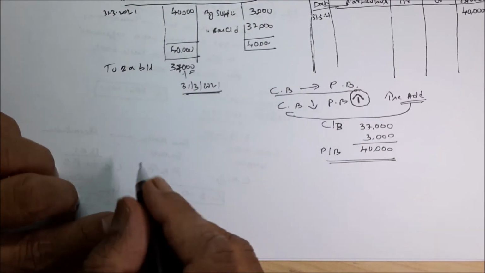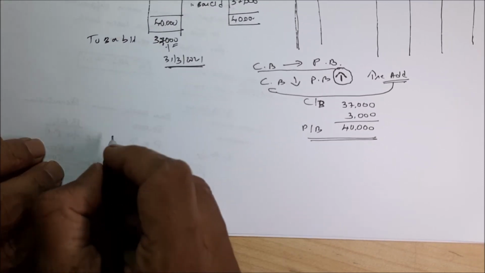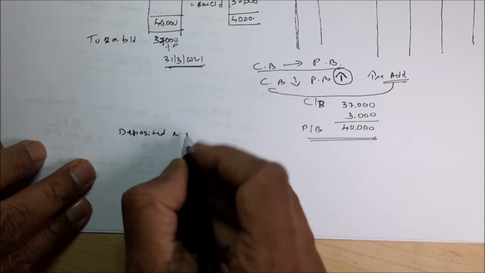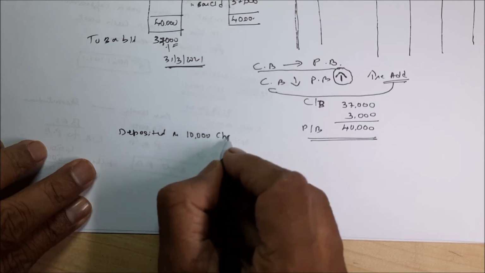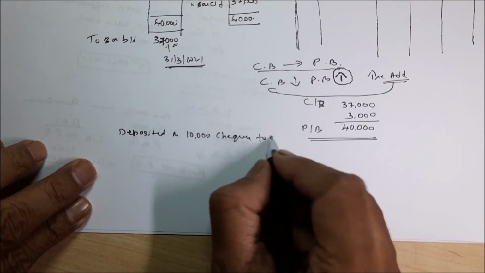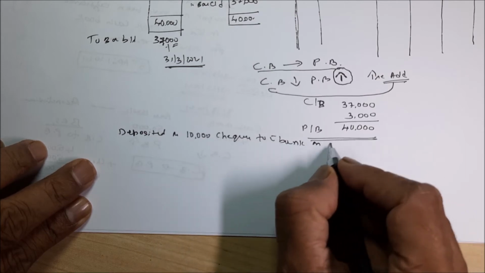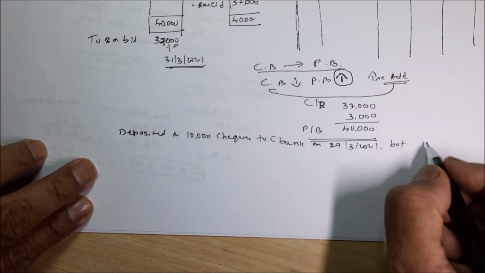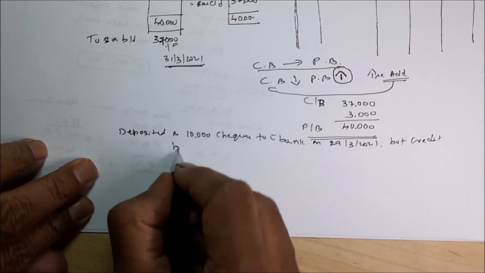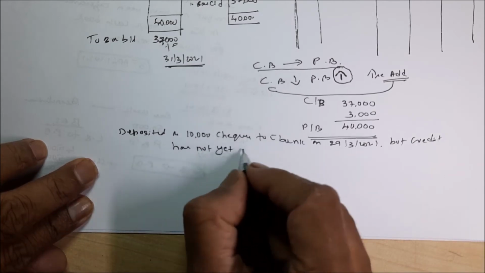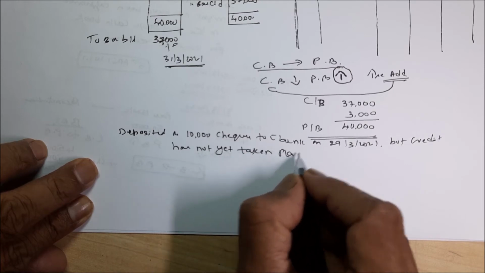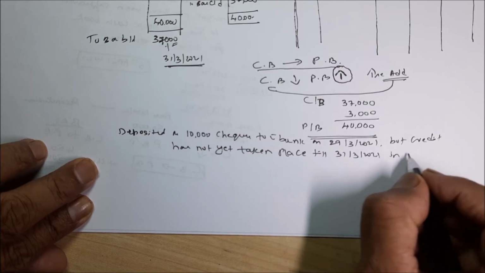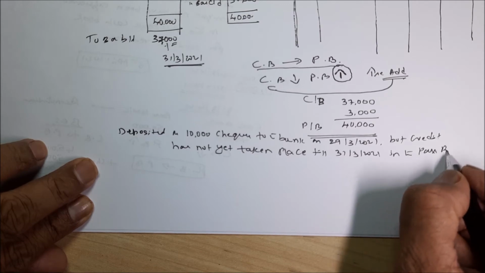Now I will give you one more example. Deposited rupees 10,000 check to the bank on 29/3/2021, but the credit has not yet taken place till 31st March 2021 in the passbook.